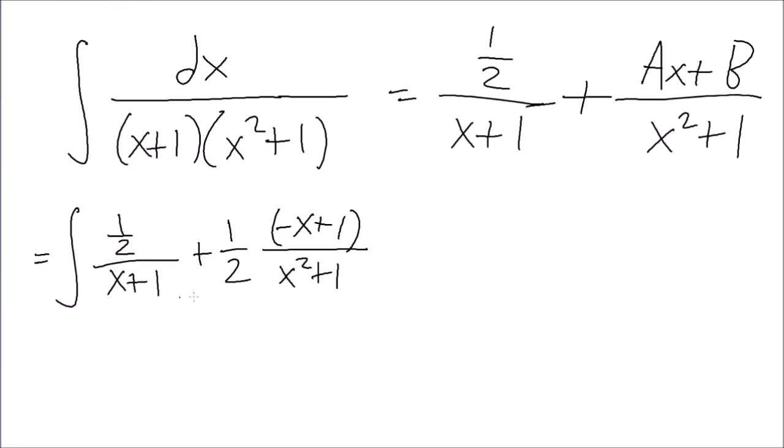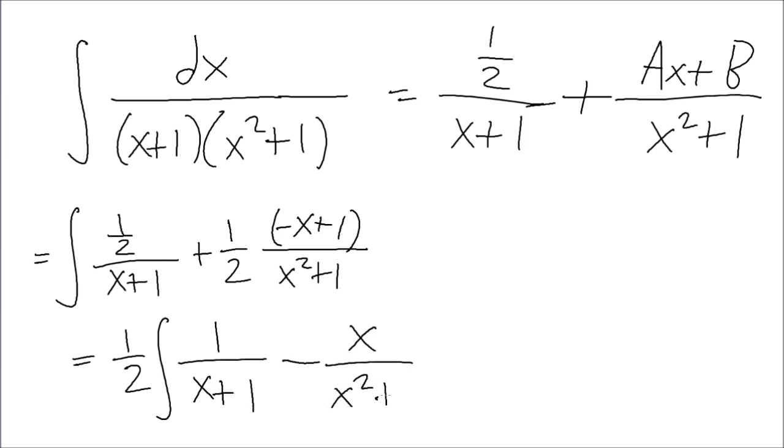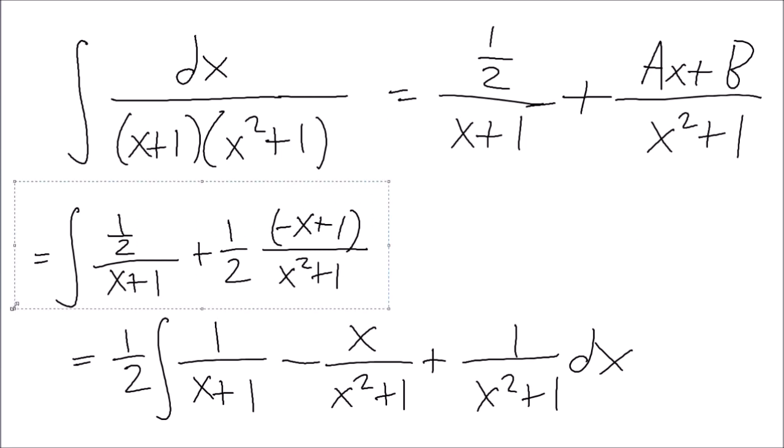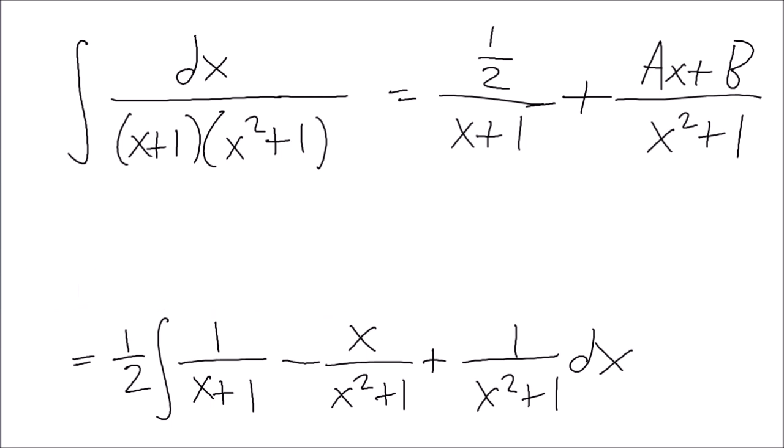If I separate this for you, right? This is actually a lot easier, right? So this is x plus 1 minus x squared plus 1 plus 1 over x squared plus 1. Oh wow, would you look at that? A very simple integral now. So now we can go ahead and solve this.